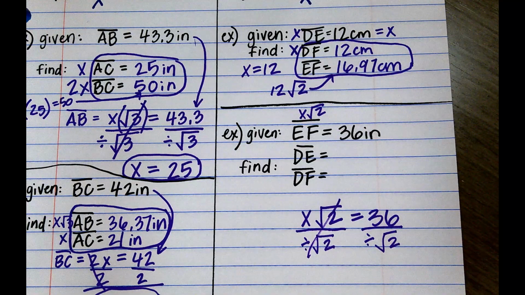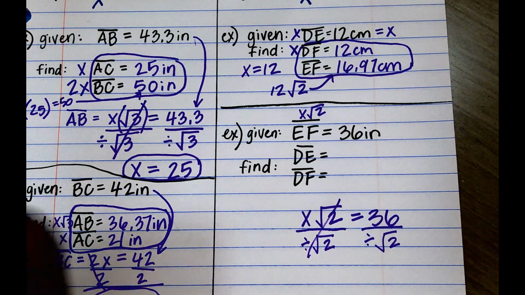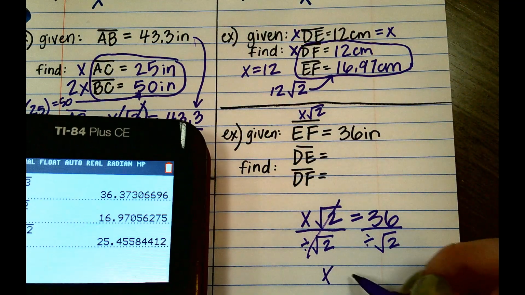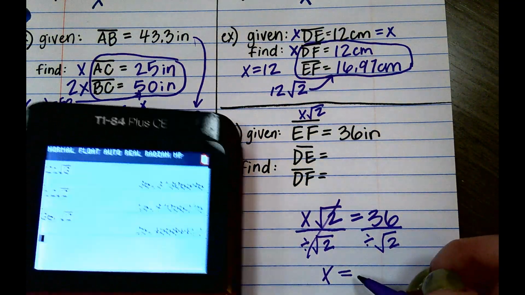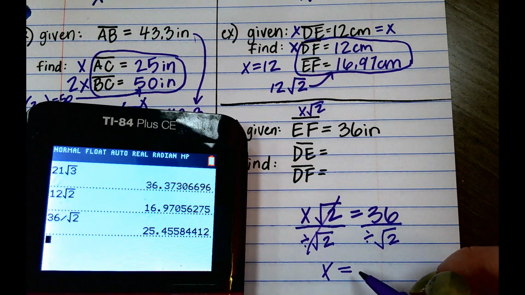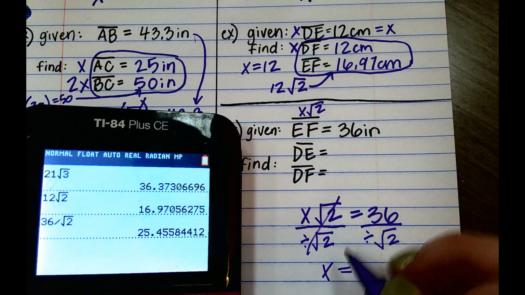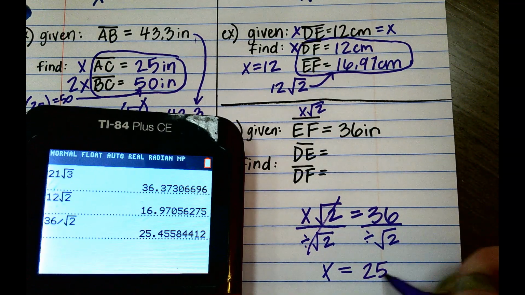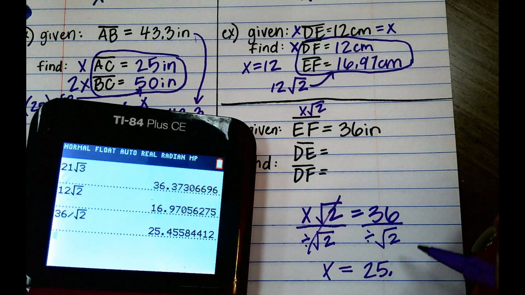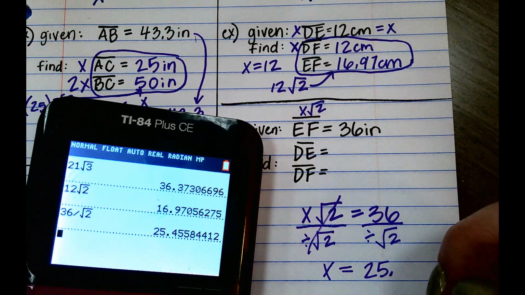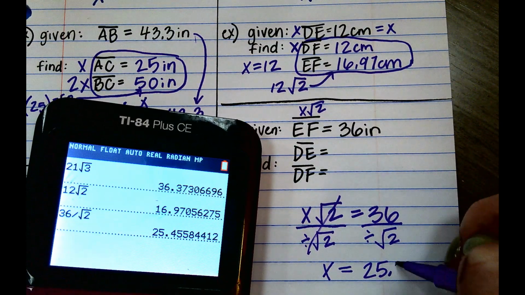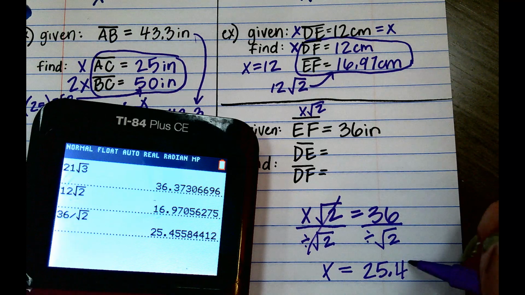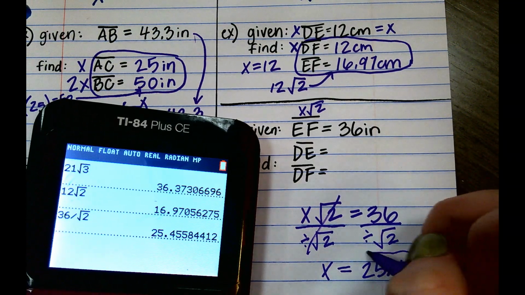So, 25.4. Perfect. 25 point, you could go with 0.4, 0.5, 0.46, it can be rounded. I'm going to do 0.46, just to give myself a few more decimals.